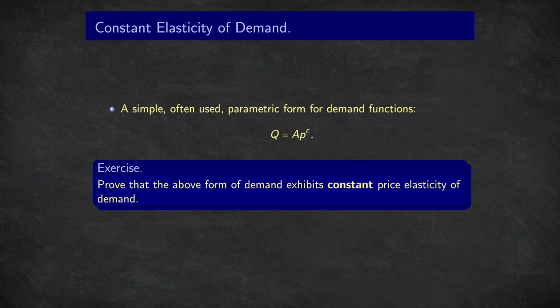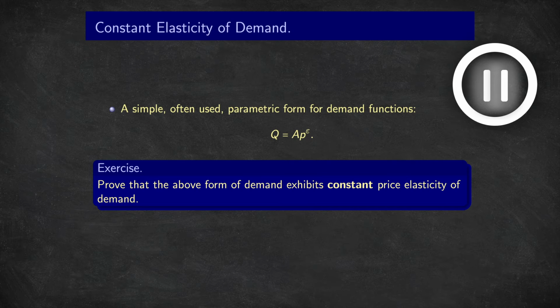And we also had an equivalent definition, which was the derivative of the log of demand with respect to the log of price. Use either of these or both of these and have a go at proving this exercise. Pause the tape here and then I will give the proof in a moment.